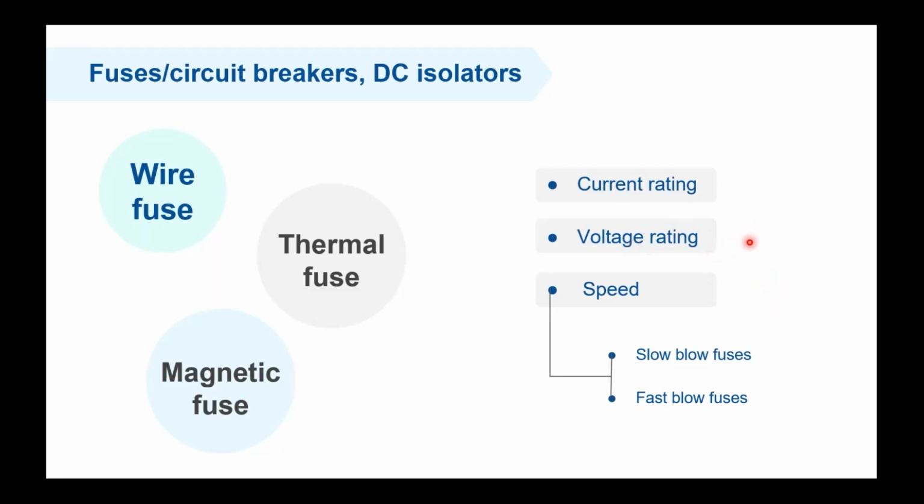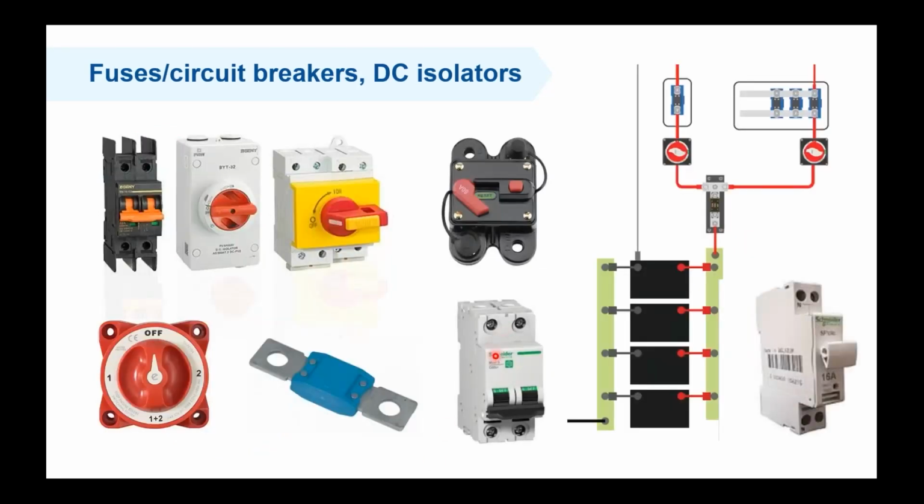The only thing you need to pay attention to is that sometimes you find circuit breakers specific for a DC or specific for an AC application, or sometimes they can serve both AC and DC. It really depends on the ratings of the current and the voltage, both for AC and DC.